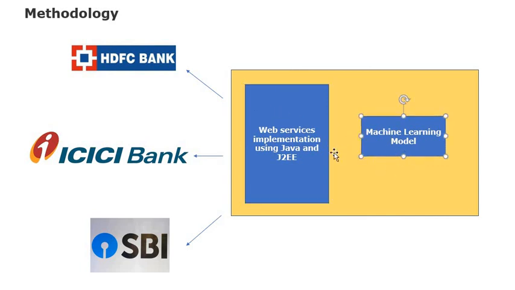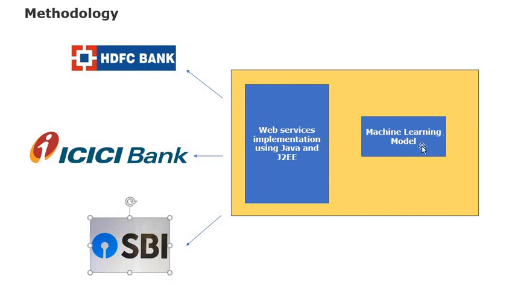This model will give the output back to the web service saying that it is either fraudulent or non-fraudulent. That output will be given back to HDFC Bank. That's how the web service will work. It will accept the client request, run the model against that request, and give back the output to the customer.